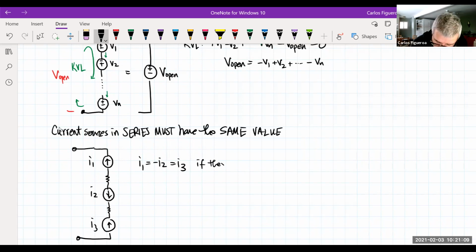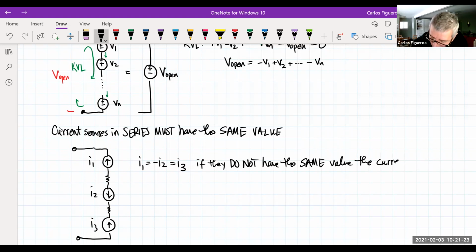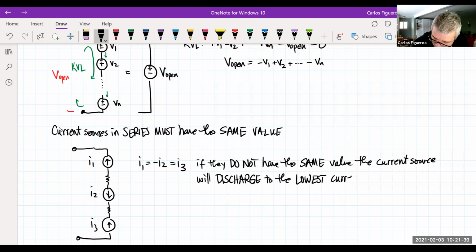If they do not have the same value, the current source will discharge to the lowest current value. And what happens when it discharges like this is that it damages it.